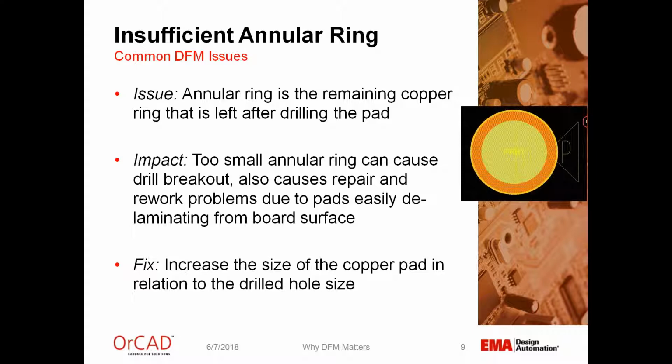So if there's any kind of walking of the drill at all, when we're using these very small vias, you can actually break through this annular ring, and that's what they would call breakout. And so we're trying to prevent that. So what we can do is easily increase that annular ring size by changing the ratio between the drill and the actual copper pad.